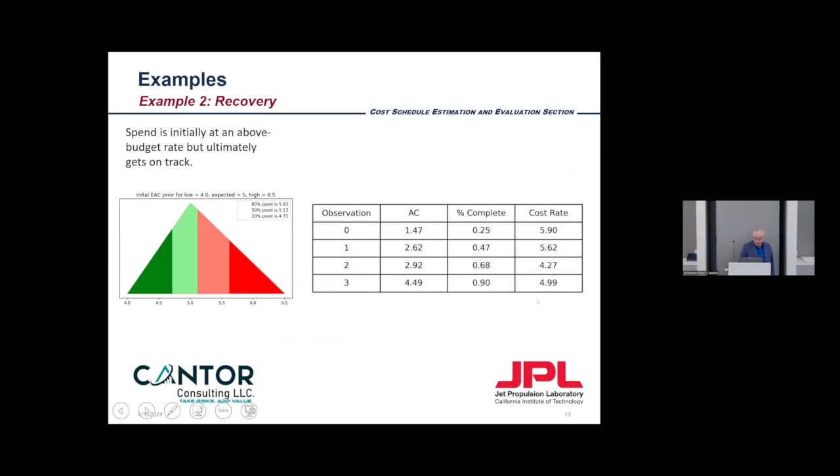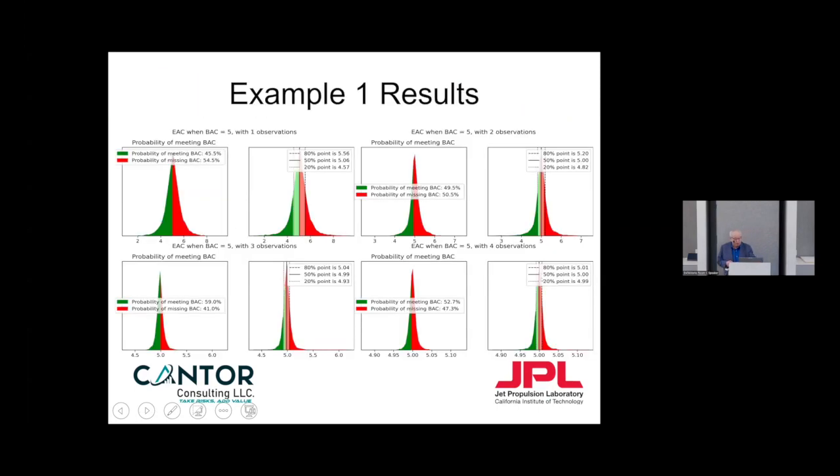Next time you're slightly better, your cost rate has gone down to 5.6. You go, oh my God, this is a real problem. And you do something to figure out how to get yourself back on track. By the way, this is how real project managers work, hopefully, if they have the data. And suddenly they get the cost rate down to 4.27.